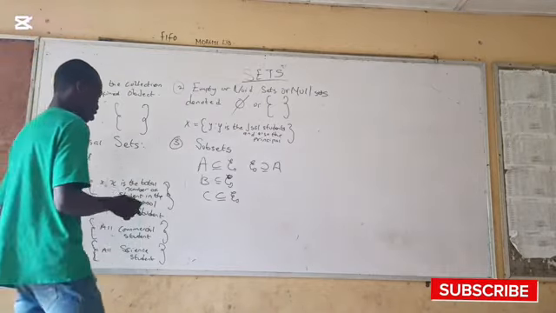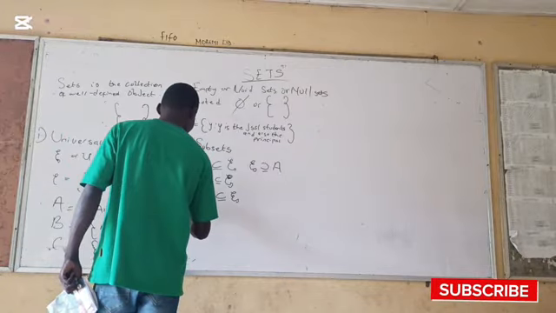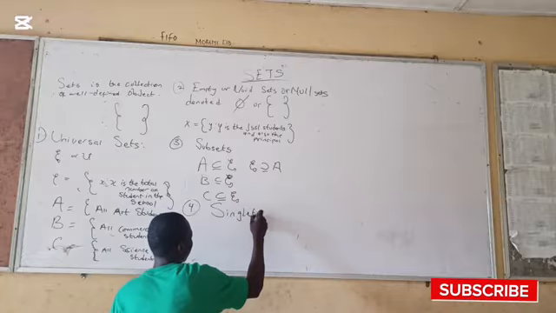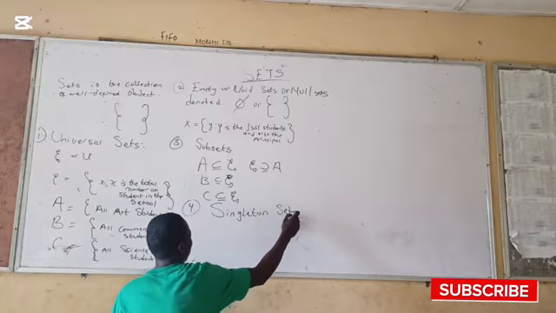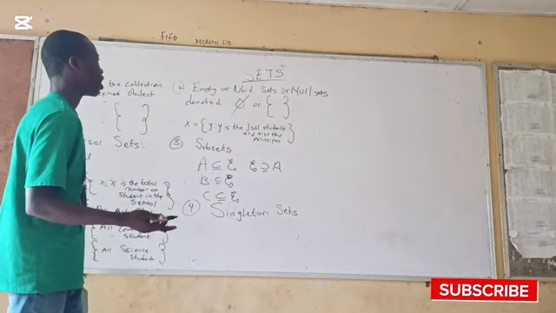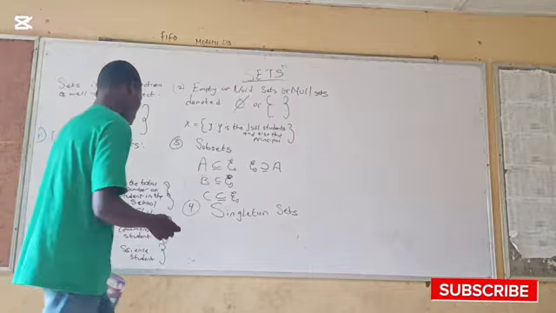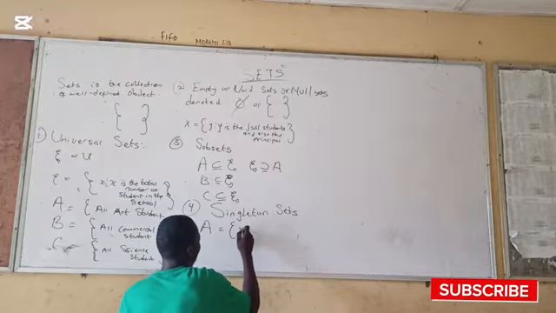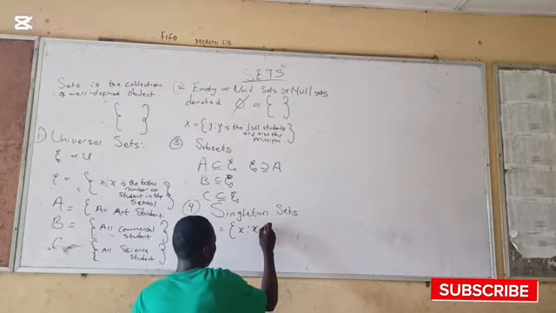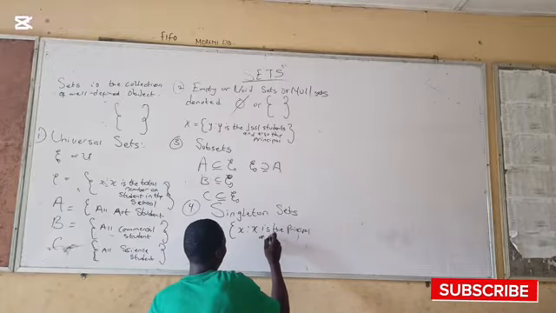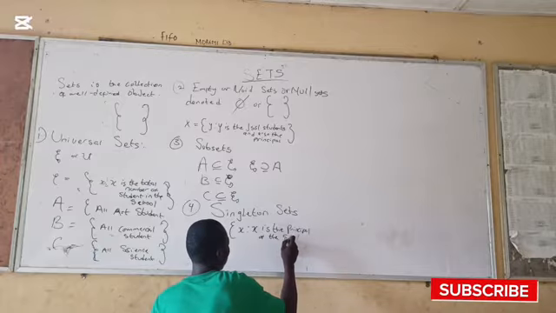We have the singleton set. Now let's start with it. Now we are talking about this set. For instance, let's say that A equals X such that X is the principal of the school.